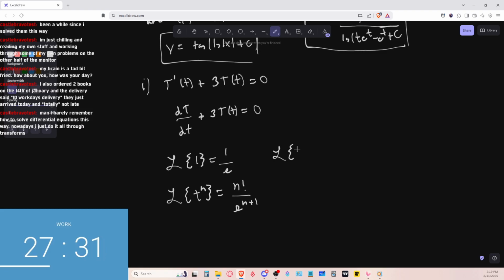I don't want to do sine and cosine yet, but might as well get them out of the way anyway. So the Laplace of sine of kt would be k over s squared plus k squared, and then the Laplace of cosine is s over s squared plus k squared.